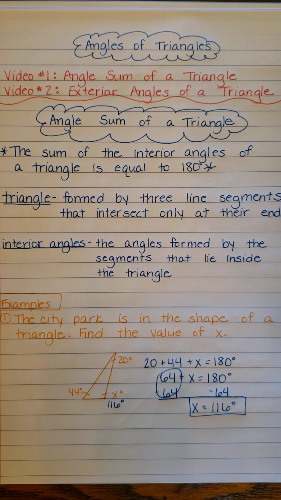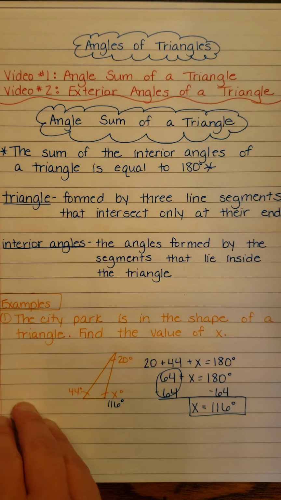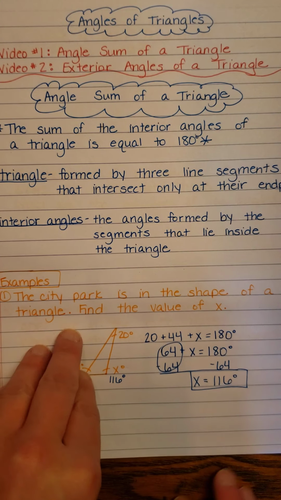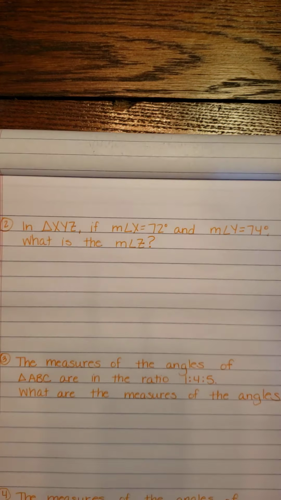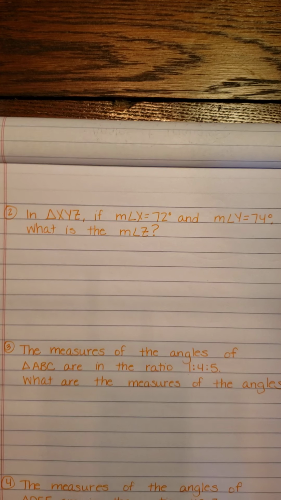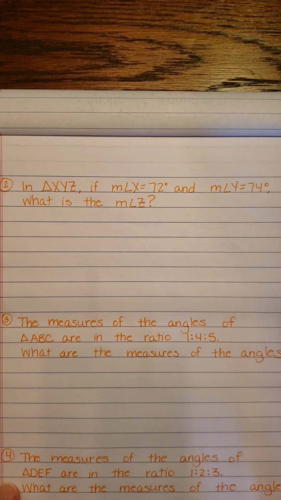Okay, your next example is in words, not a picture. So here's your next example, example 2. In triangle XYZ, if the measure of angle x is equal to 72 degrees and the measure of angle y equals 74 degrees, what is the measure of angle z?